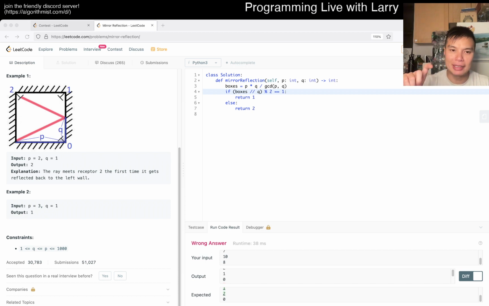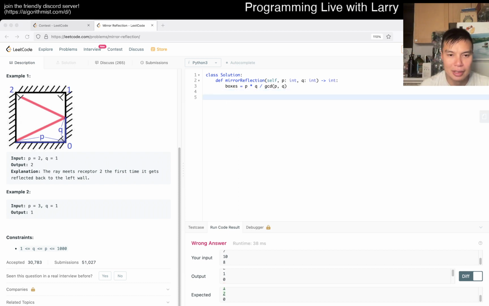If the number of boxes is even, then you have this thing where you reflect. No, the number of boxes cannot be even, right? So then the number of boxes is going to be odd. And then the question is trying to determine whether it goes on the left side or the right side.